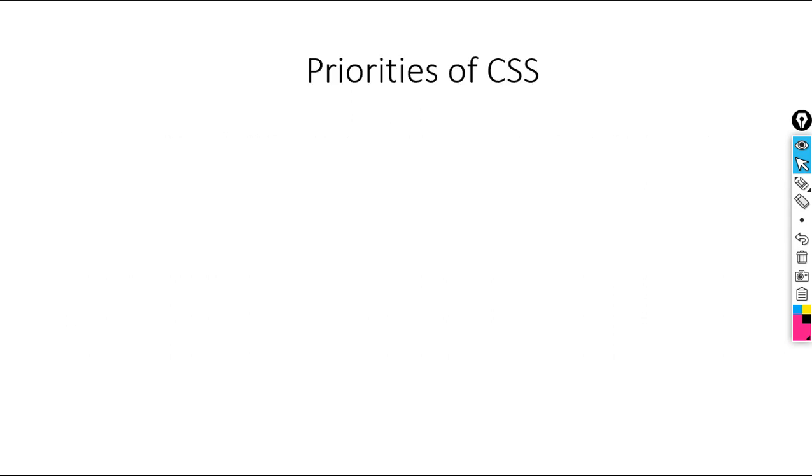Now properties of CSS. First means highest priority goes to inline CSS, second priority goes to internal CSS, and third priority goes to external CSS.